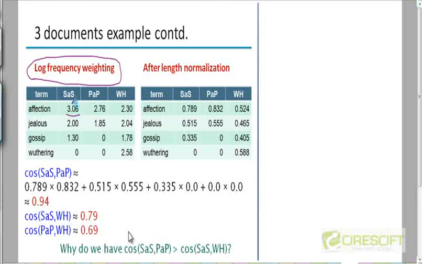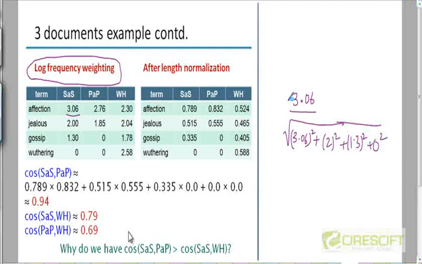So how do we normalize this vector? This vector has 4 components. So the normalized vector will have components. The first component of the normalized vector will be 3.06 divided by the square root of the sum of the squares of 3.06, 2 squared plus 1.3 squared plus 0 squared.